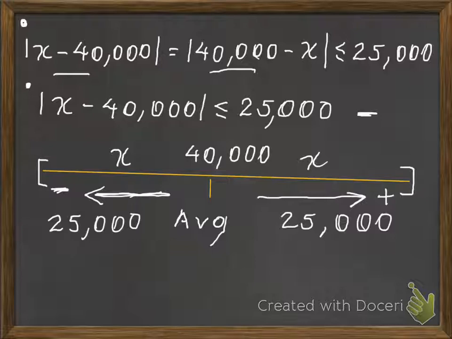Now, to solve any absolute value equation or inequality, the first step is to get X out of the absolute value symbol, because we want to get X by itself.